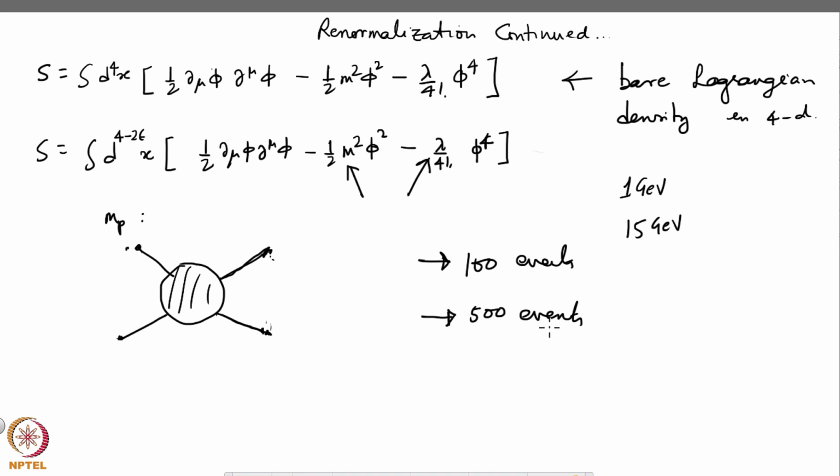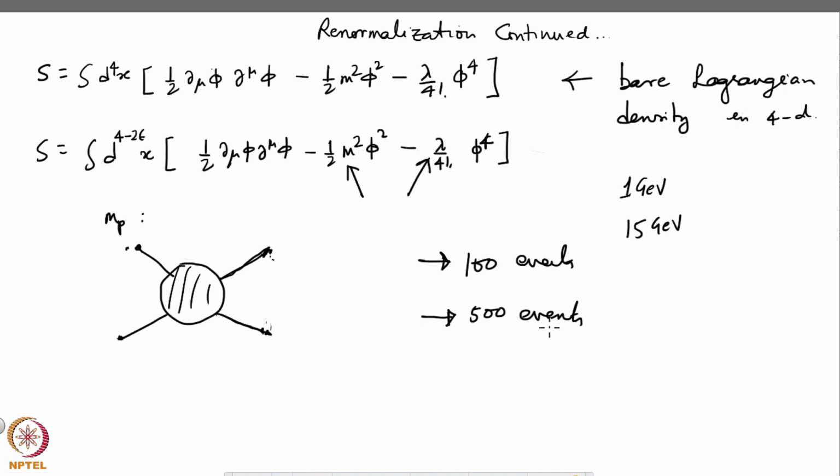So changing these values of m and lambda will give you a different theory in which the predictions for physical masses, for the number of events that are produced in particular collisions, they all will change. Even though the form of the action is the same, the parameters are different, and that results in different physical observables. Different values of the physical observables.